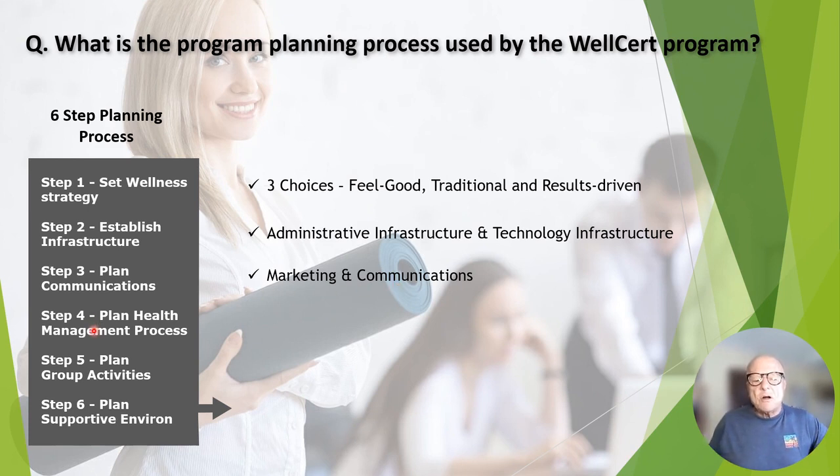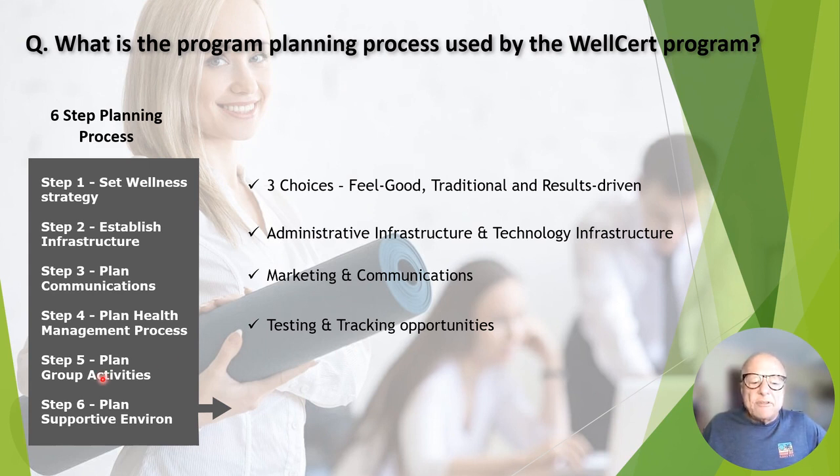The step 4 in the planning process is planning your health management process. And that means primarily looking for ways to put testing and tracking opportunities into your program. Those are designed to help people make the long-term habit change around wellness that we ascribe to and desire to have happen.